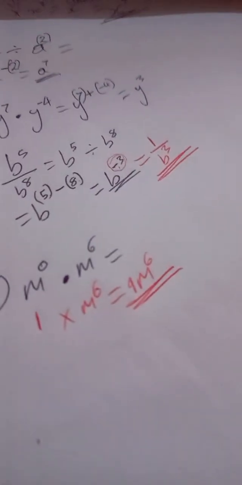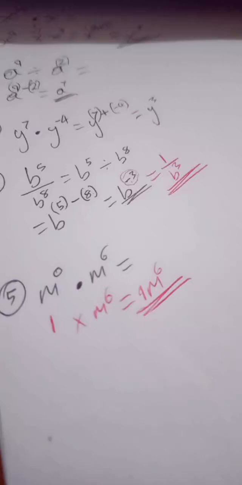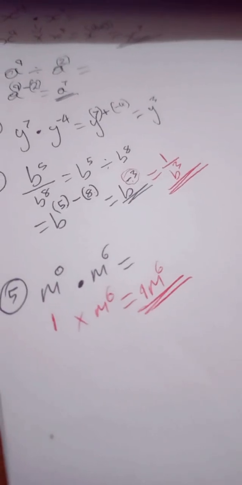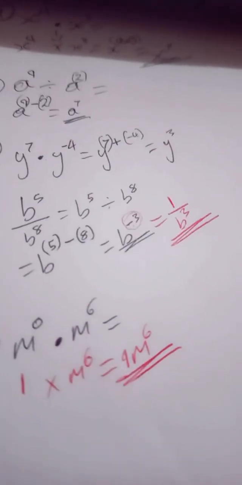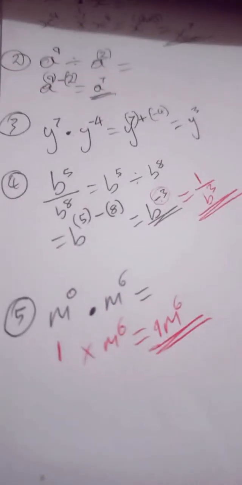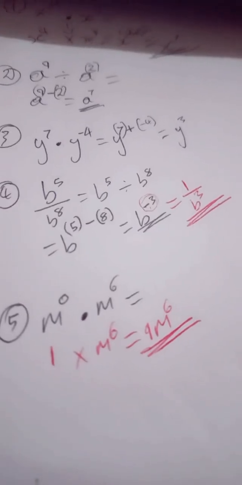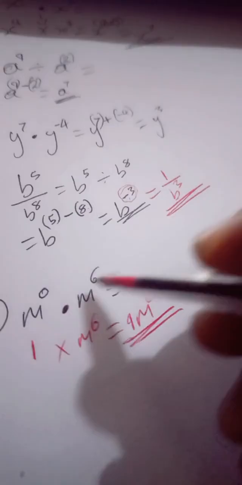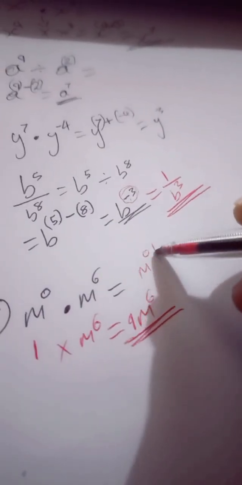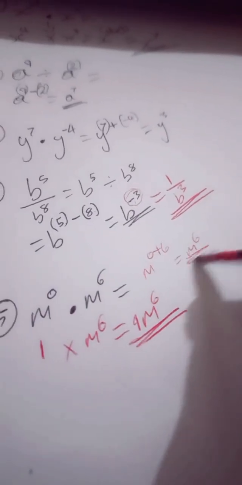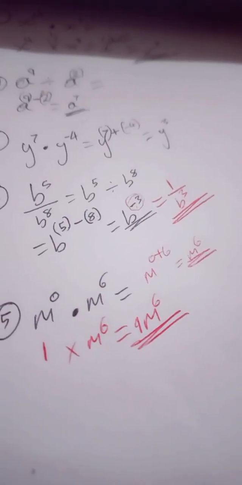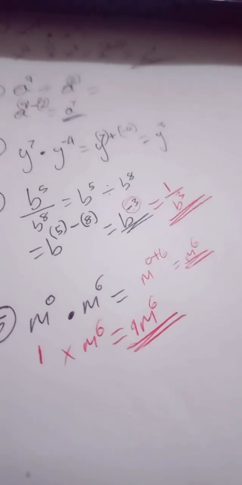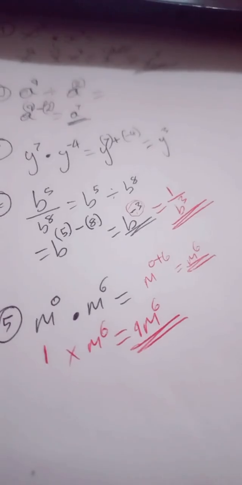Or if you want a shortcut, you say m to the power 0 plus 6, which is equal to m to the power 6. I hope we are together.